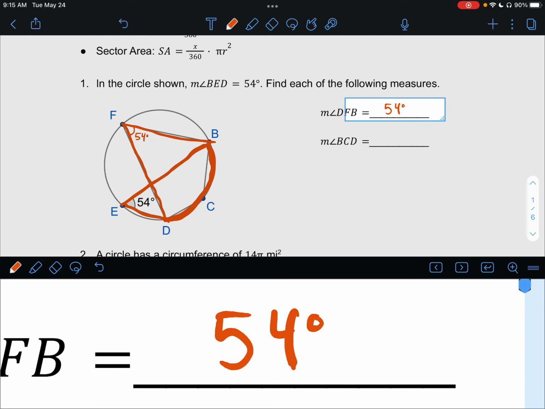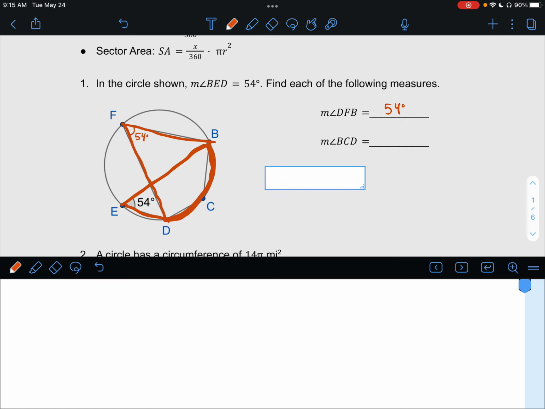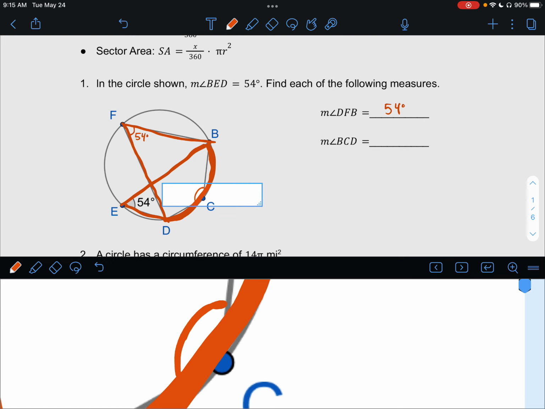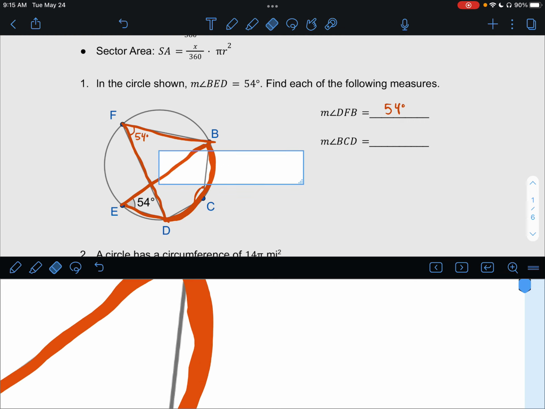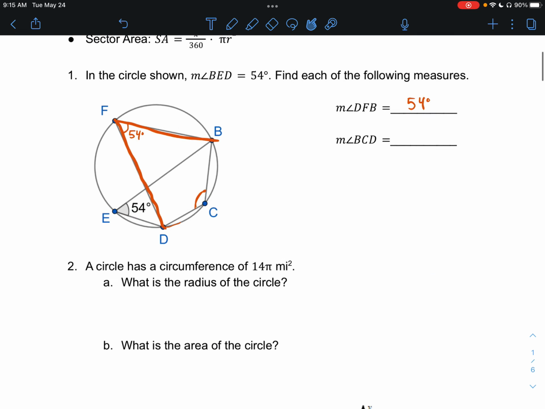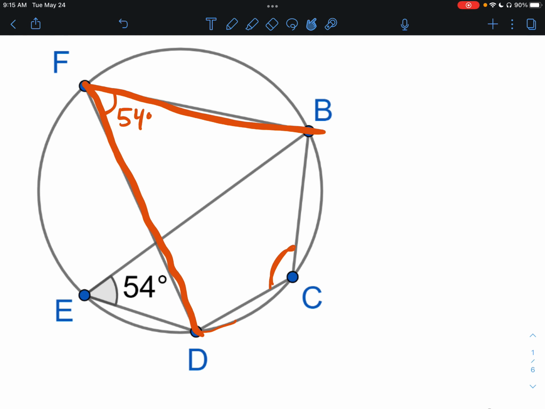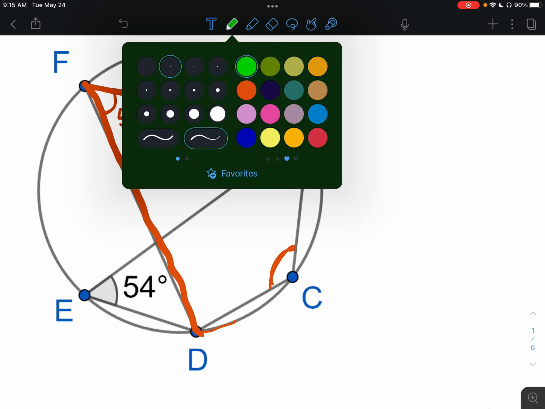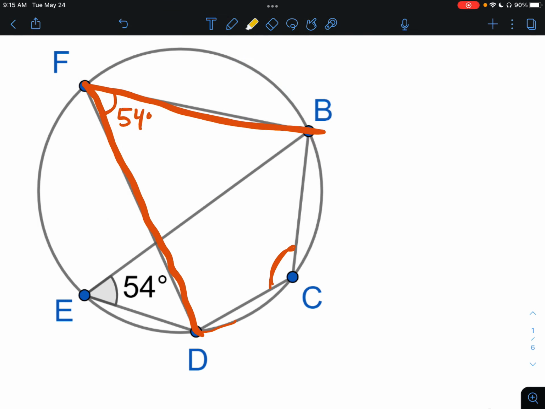And then I want the measure of angle BCD. That would be this angle right here. Let me hide some of these lines. I have this quadrilateral EDCB, and that's inscribed because all the angles are on that circle.